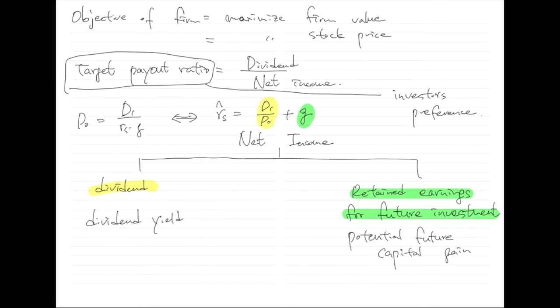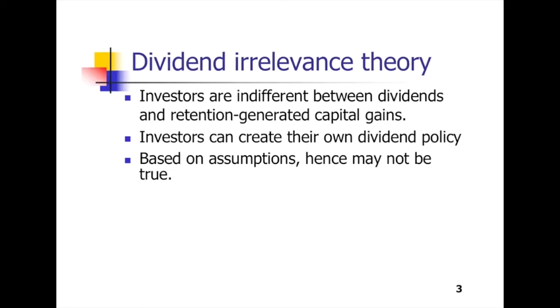So the first one is investors are indifferent between dividend and retained earnings, the second, investors prefer dividend, and the last one is investors prefer retained earnings. According to the dividend irrelevance theory, the investors are indifferent between dividend and retained earnings.